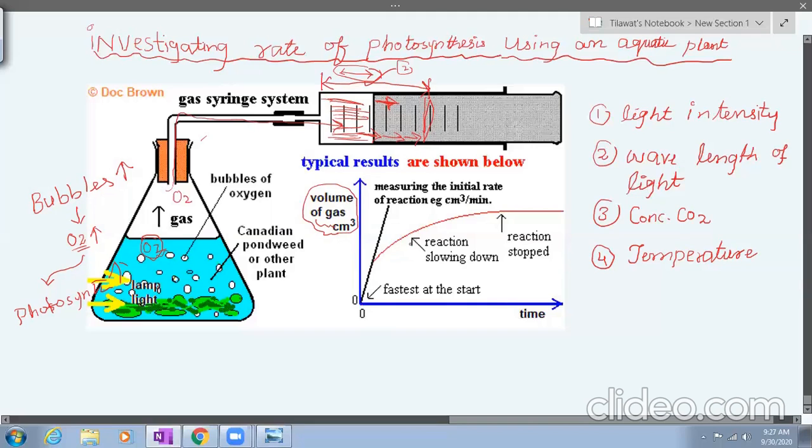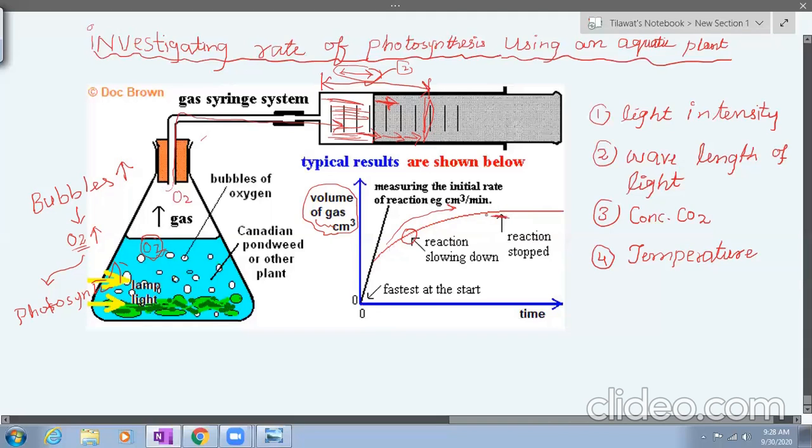So initially you can see the reaction is slow. Initially it is increasing, at this point it is slow, right? But gradually you can see the reaction is increasing, and at this time your graph becomes flat, right?